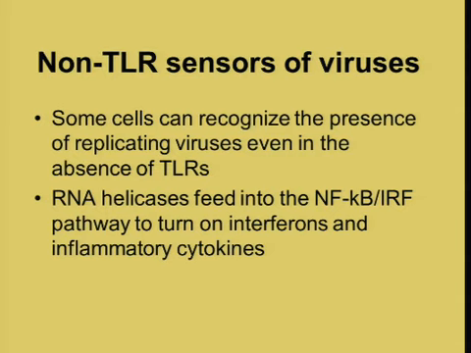NF-kappa B is a nuclear factor that turns on many genes that are involved in inflammatory and immune responses. So even if the virus gets in, and even if it bypasses the particular toll-like receptors that are designed to detect that virus, there are other components within the cell that can also activate inflammatory pathways that in turn result in some response.